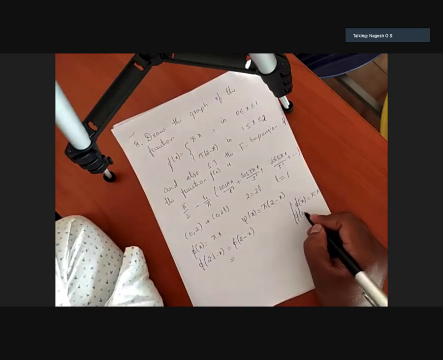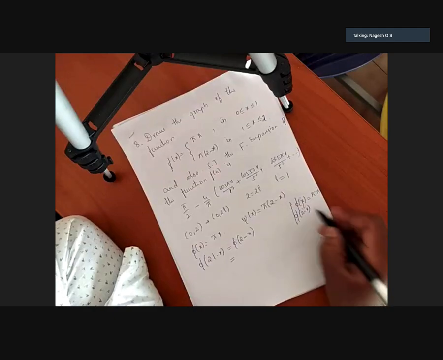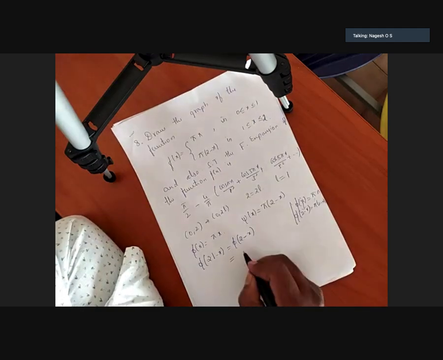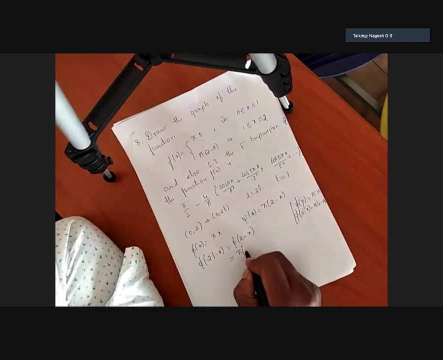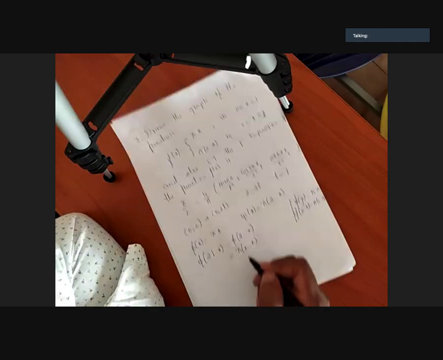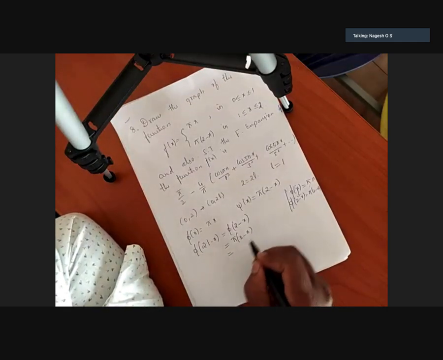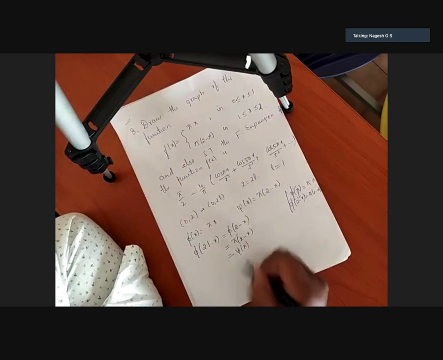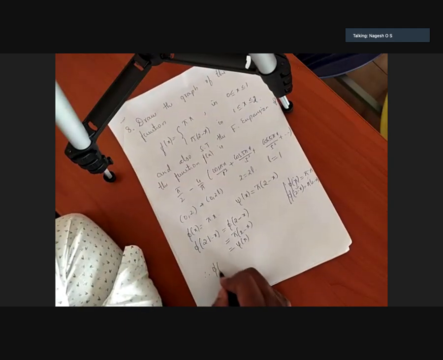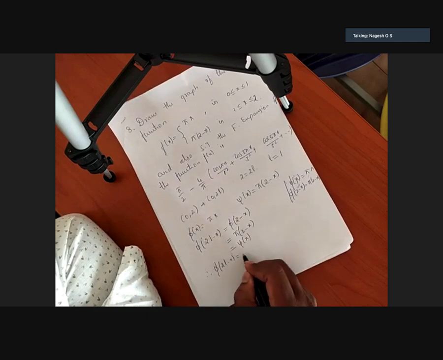Phi of 2 minus x is nothing but, in place of x, 2 minus x. So pi as it is into 2 minus x. So that is nothing but psi of x only. Therefore, phi of 2l minus x equal to psi of x.